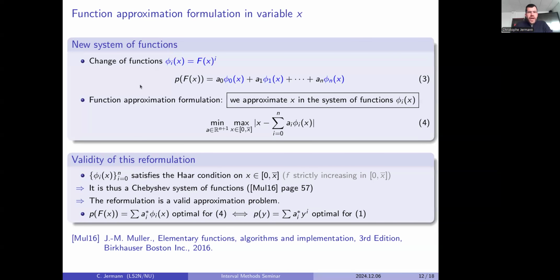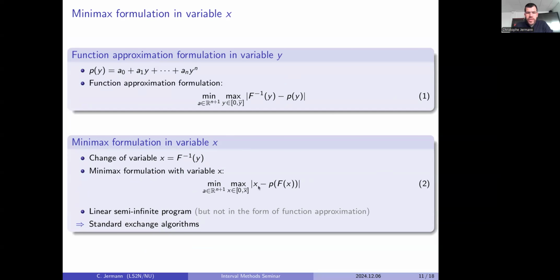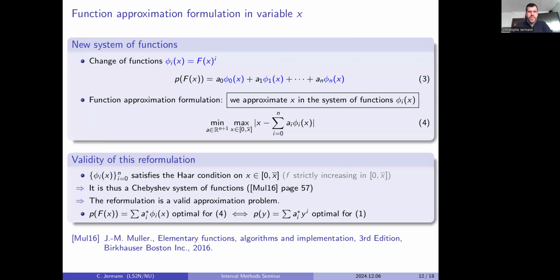So if we consider again the problem that we are handling in this case, maybe I come back to this formulation. You see, we are somehow approximating x, the identity function, with a polynomial, but whose variables are not the y's anymore, they are functions of x. This is something that is known also in approximation theory, because we can always choose a family of functions and perform an approximation with respect to this family of functions.